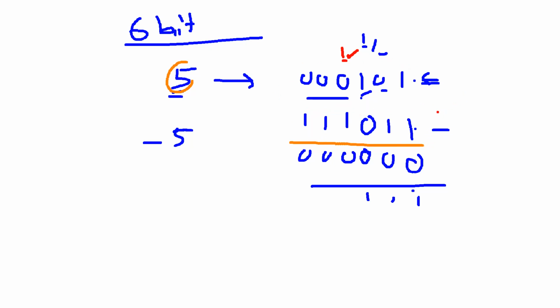You can find this pair. That means this one represents positive 5, and this one represents -5. So now you can write the binary code for -5. Okay. What about this one?